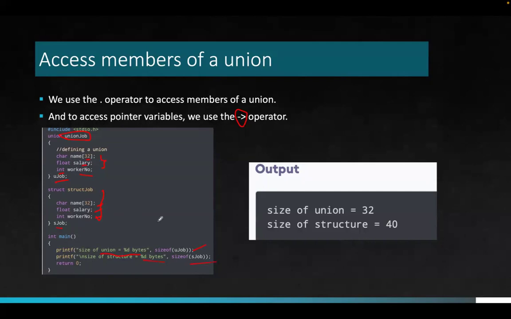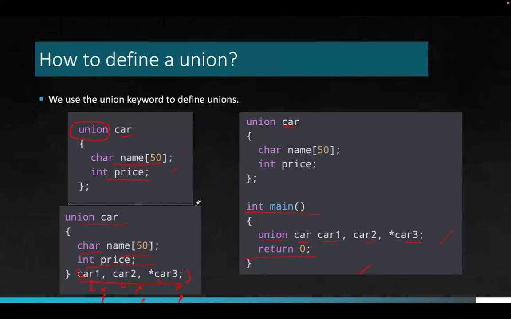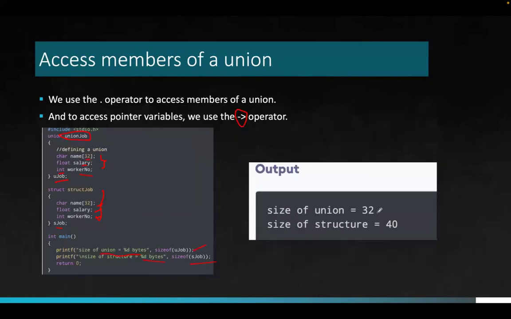If you see, both have the same variables, but for the union we are getting 32, and for the structure we are getting 40. What is the reason? We know the size of a character is 1 byte, so the name is 32.